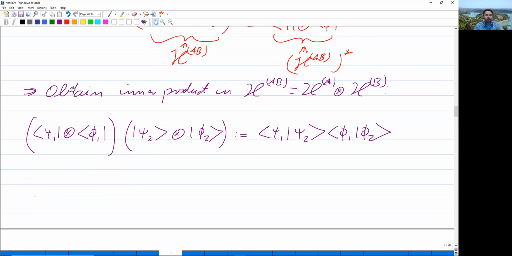Similarly, we wrote down here what the inner product is between two vectors of our Hilbert space of the combined system, namely this. But these vectors are unentangled vectors, of very simple form. What if we had a linear combination of these? In other words, what if we had entangled vectors here?